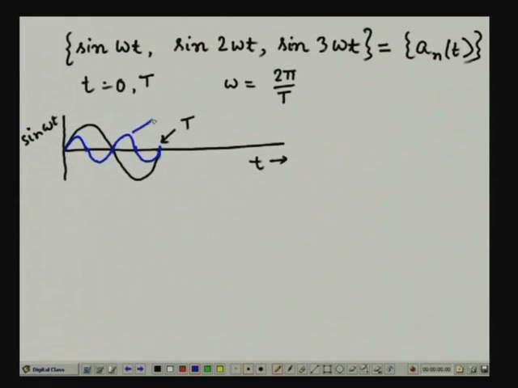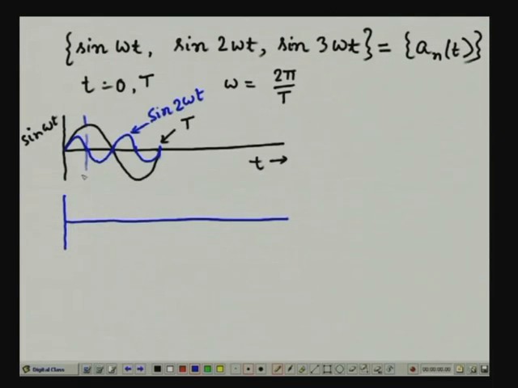So, this is sin of twice omega t. Now, if I take the product of sin omega t and sin twice omega t in the interval 0 to capital T, the product will appear something like this.